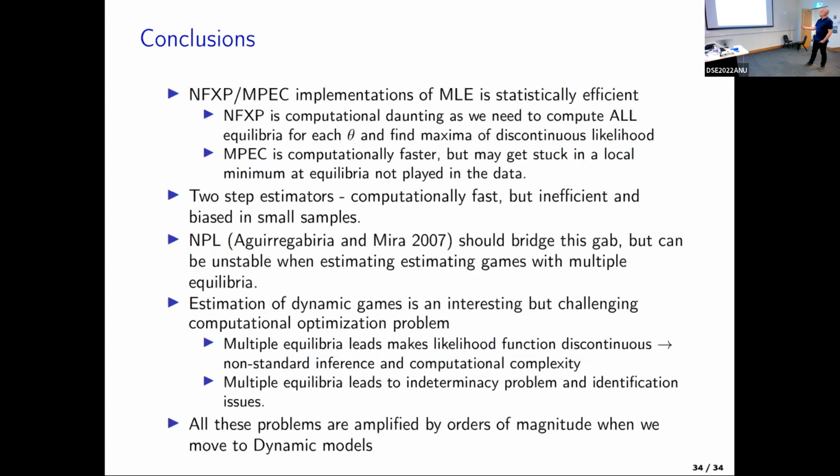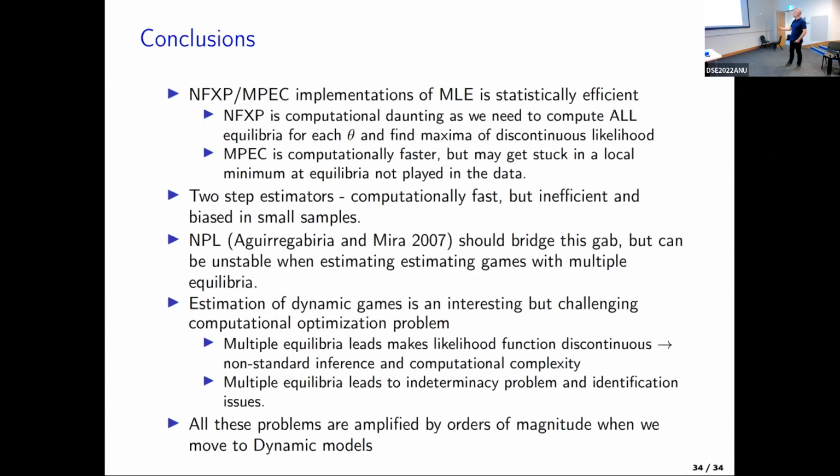NFXP is computationally daunting as we have to compute all the equilibria. Imagine a bigger model with many more equilibria, where it takes more time to solve the equations. You need to do that for all the different parameters, and then finding the maximum of this discontinuous likelihood function is going to be a challenging thing.